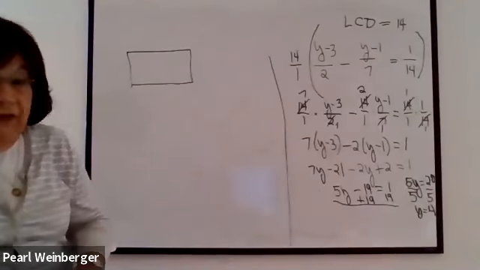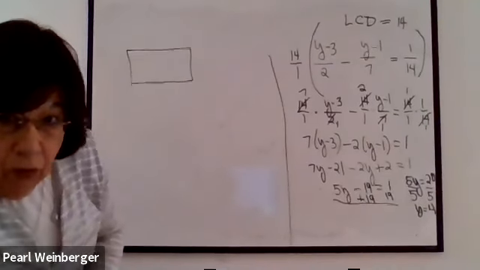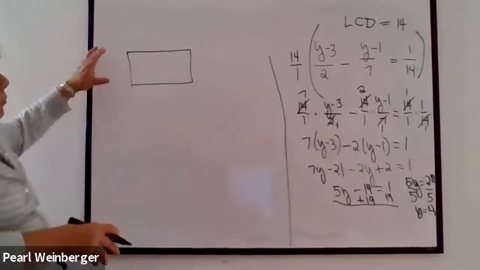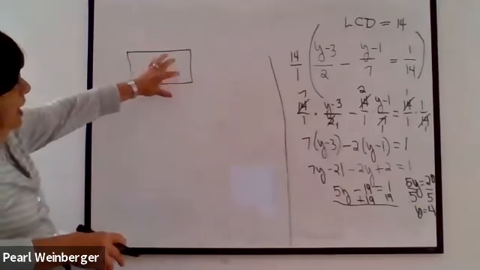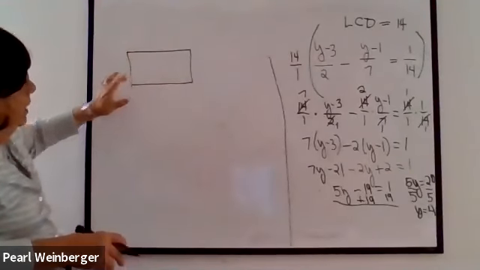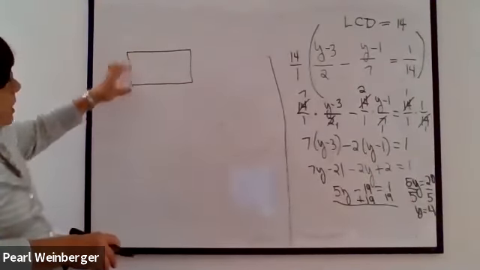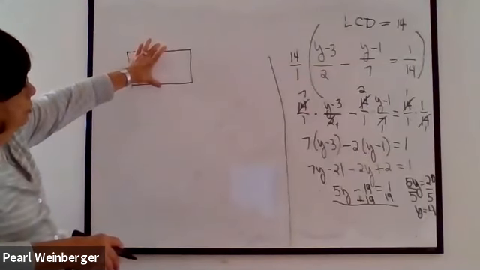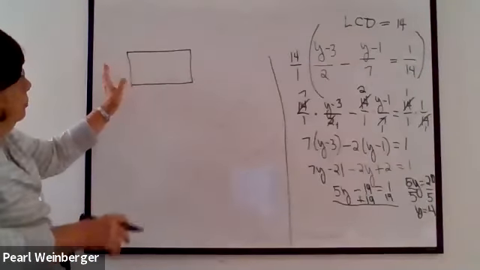It's a four-sided figure where all the angles that you have are what we call right angles. They've got square corners, and the two opposite sides are equal.